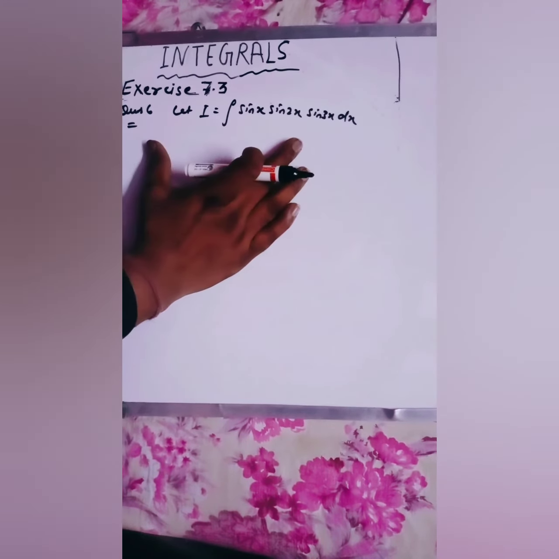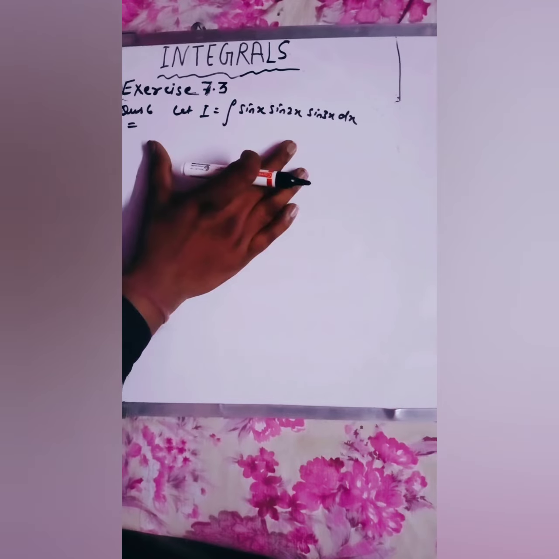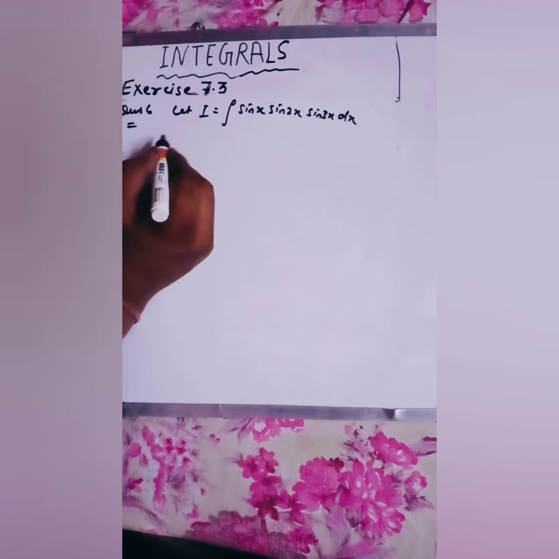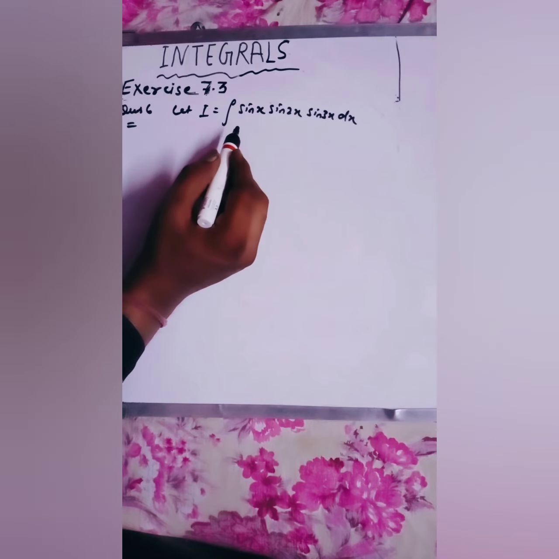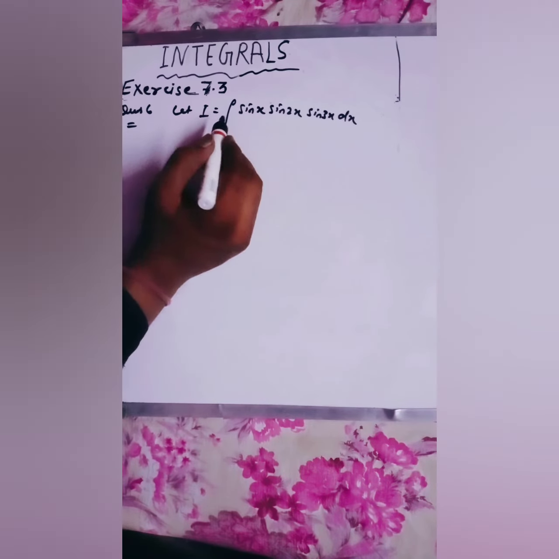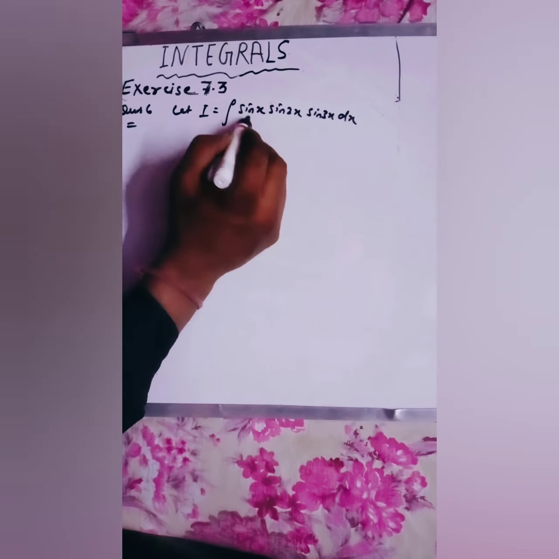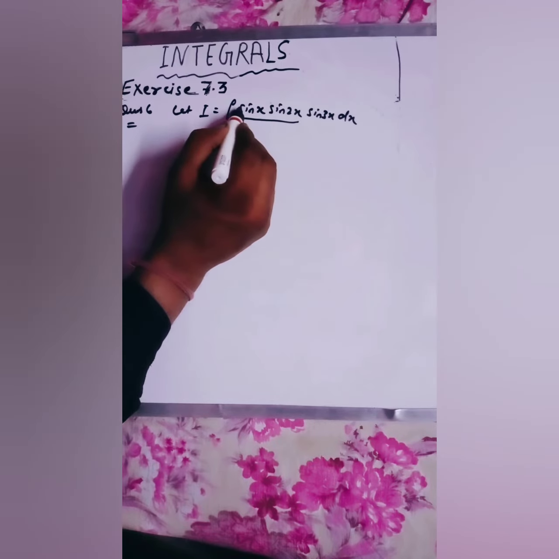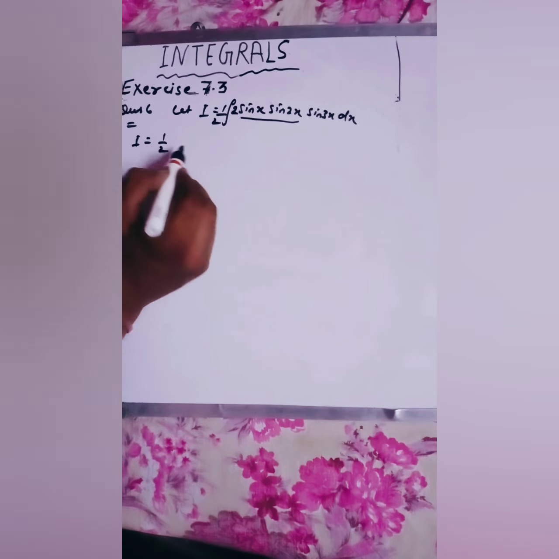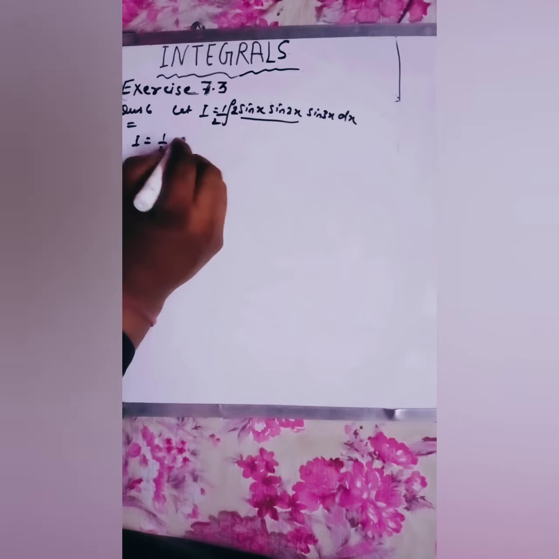Now here is your question number 6 of your NCERT. In this question, as you have done question number 3, the same concept you have to apply. Here I am applying the formula in the first two terms of sine, that is, I am multiplying this by 2 and dividing this by 2. So I equals half, and this would be cos.